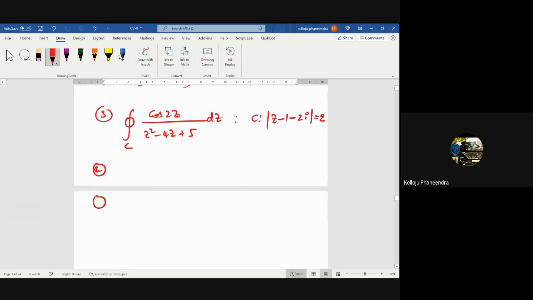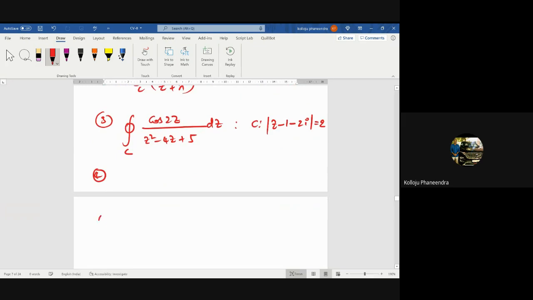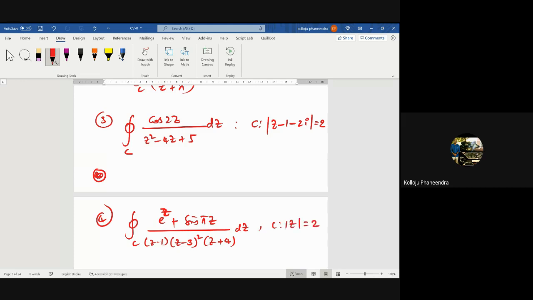Fourth one: integral over C of e power z plus sine pi z by z minus 1, z minus 3 whole square, z plus 4 dz, where C is mod z equal to 2.